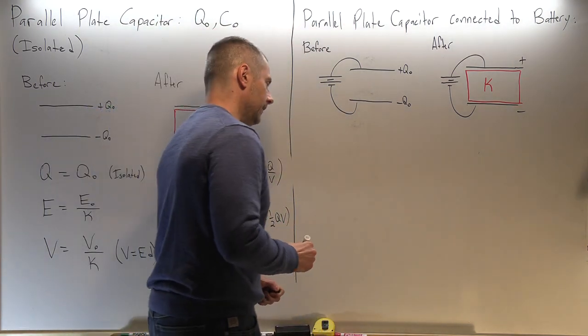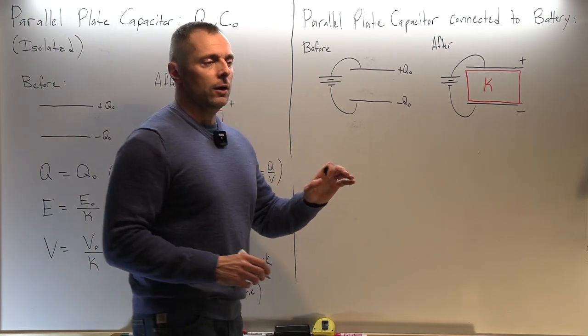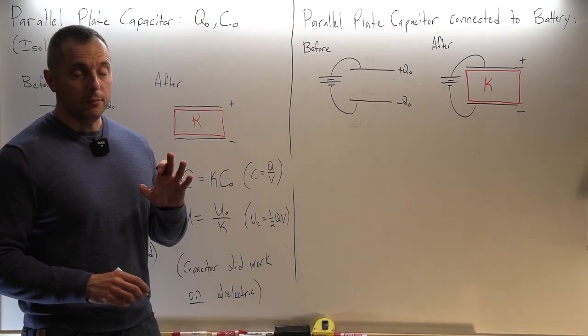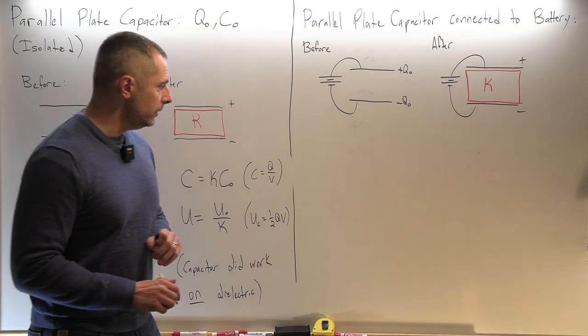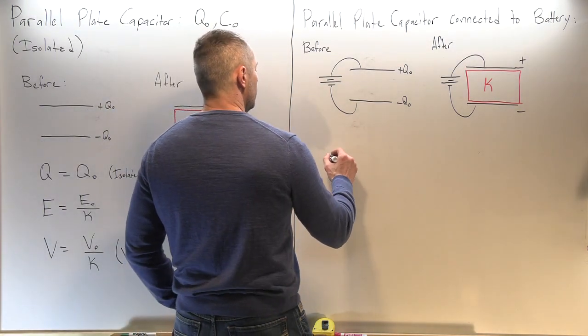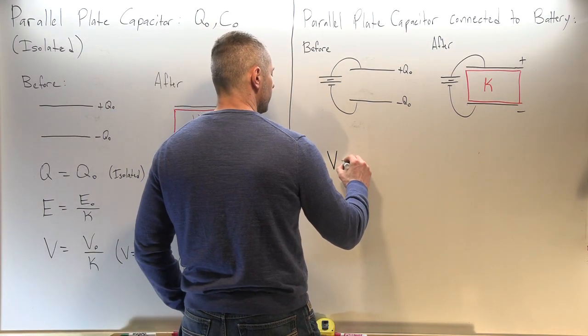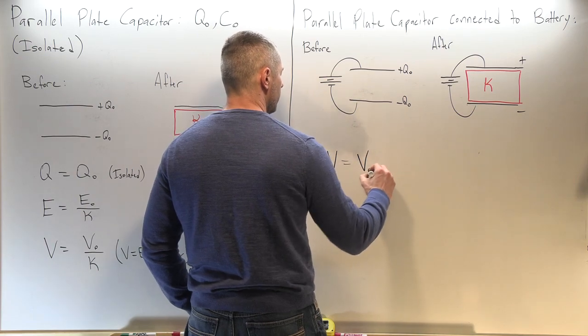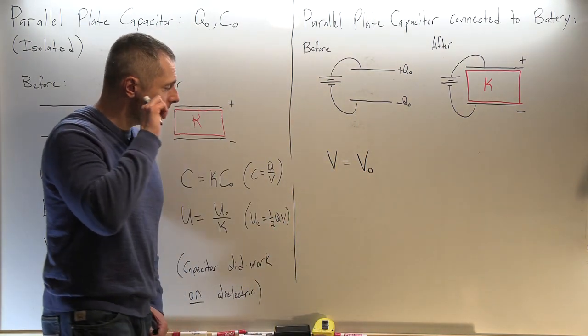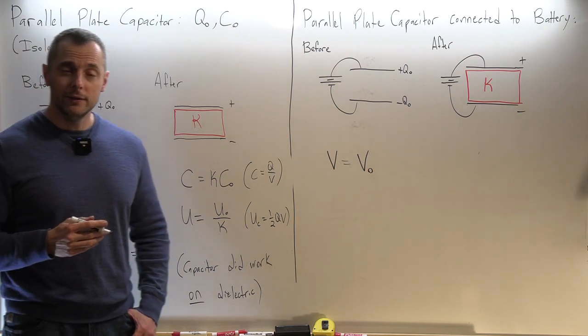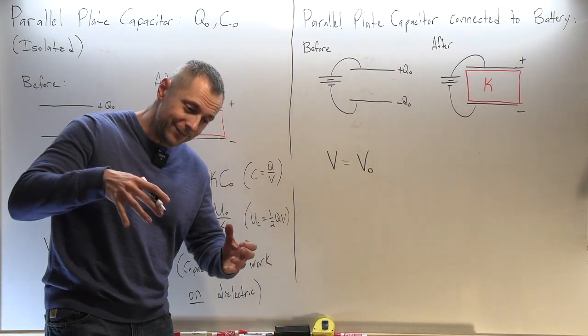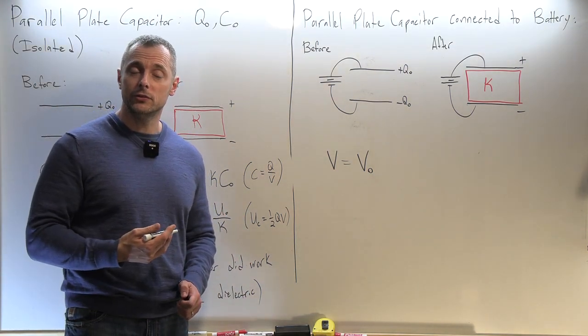Okay, so the next thing, this time, we don't know if the charge is the same. So let's skip over that for a moment. One thing we do know, though, is that the voltage is the same. Okay. How do I know that? Well, the battery maintains that voltage through chemical reactions.